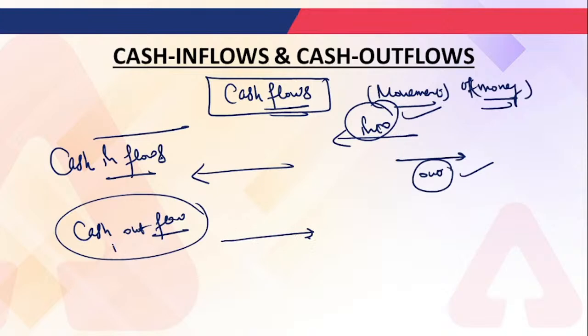Okay, so that is a cash outflow and that is a cash inflow. Whenever we talk about cash outflow, any kind of investment by a company is one example of a cash outflow. And what do we understand by cash inflow?